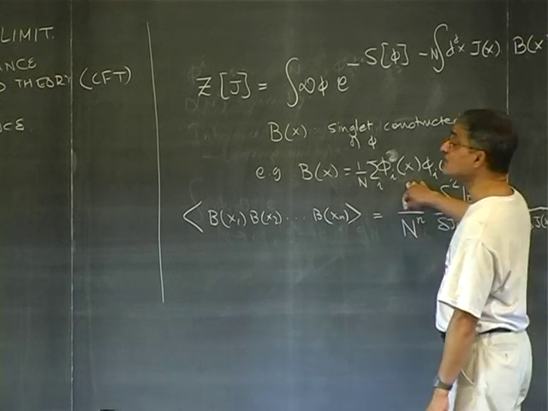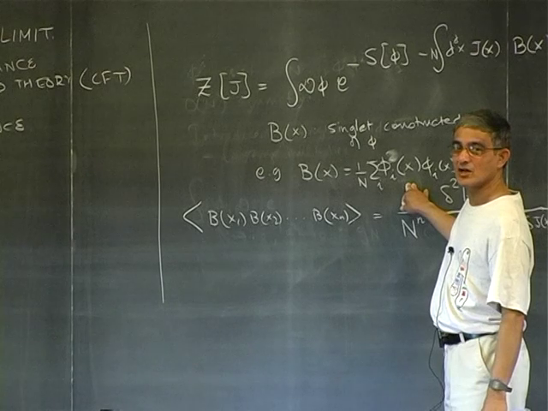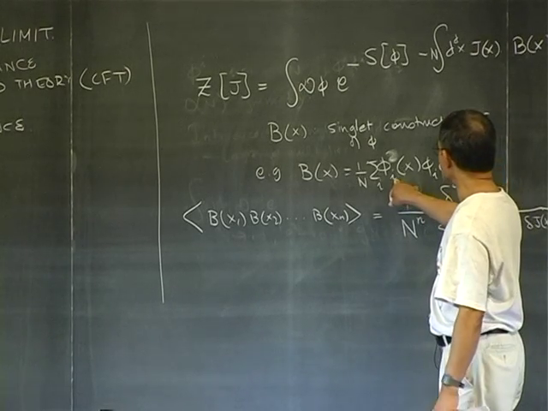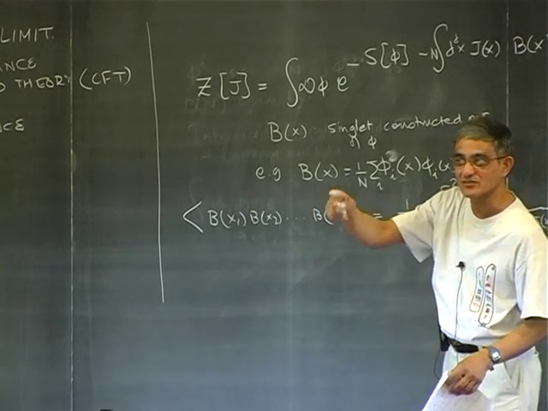Singlet means it is invariant under the symmetry group. The symmetry group was the group, orthogonal group ON. Okay, so this is like a square of a vector. The square of a vector doesn't change under rotation.